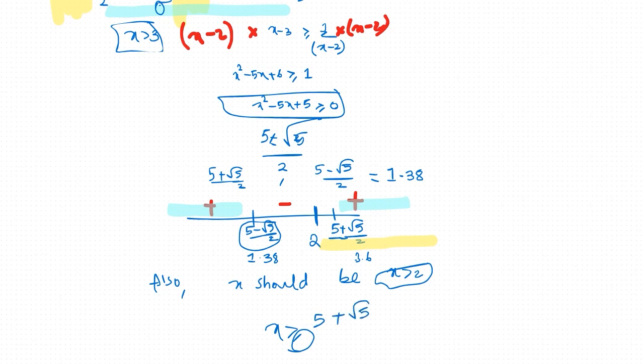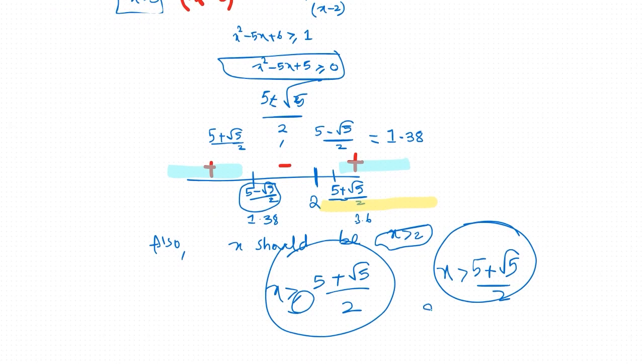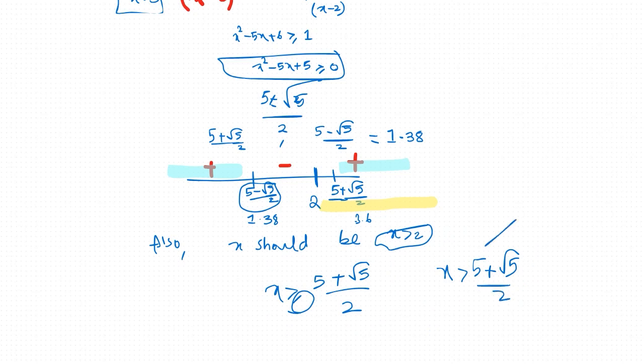Which one is it? Is it greater than or equal to? And why is that? Out of these two, which one is correct? This one. Because when it's equal to it, it's equal to 0.